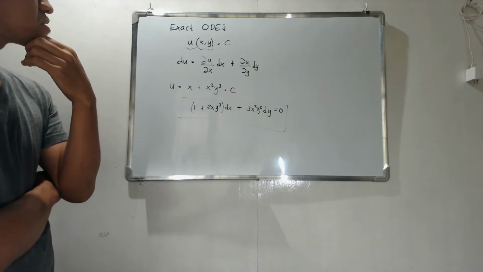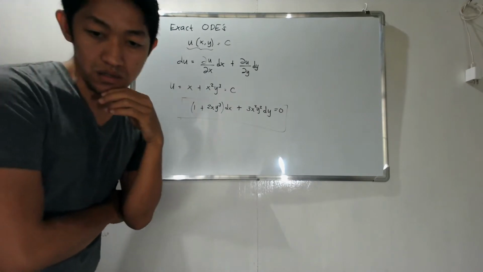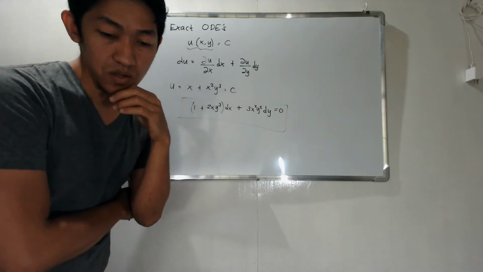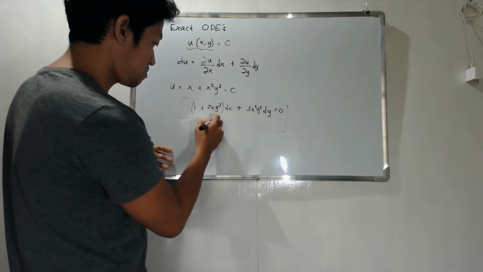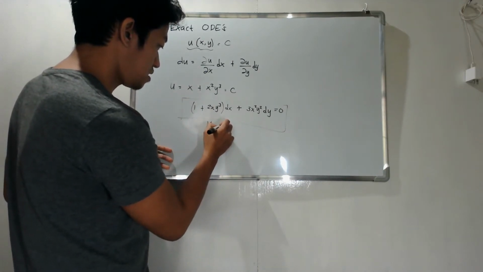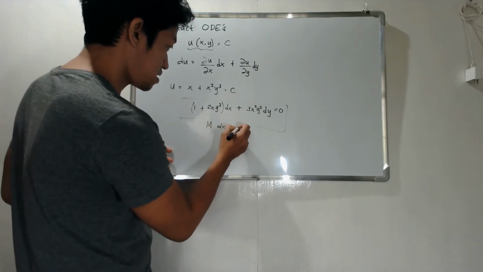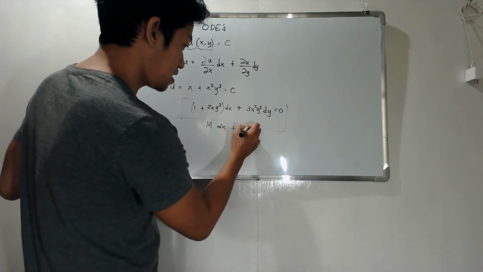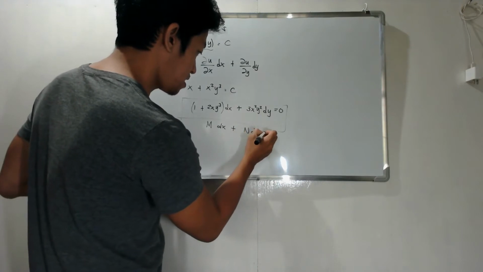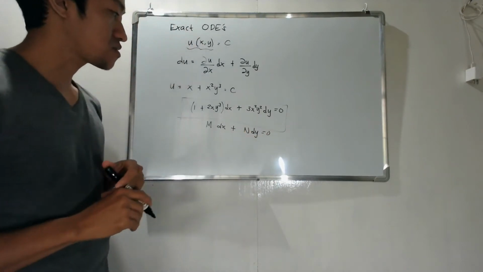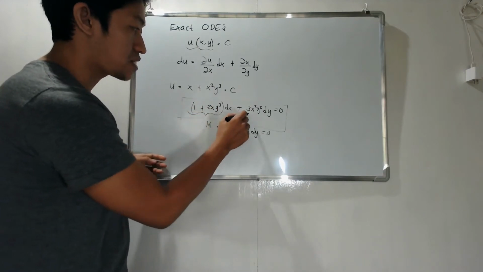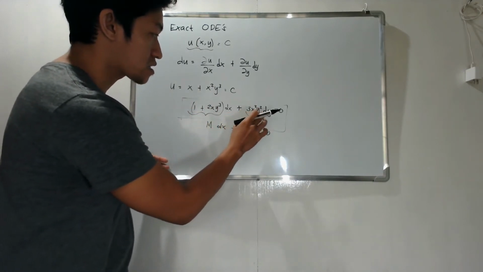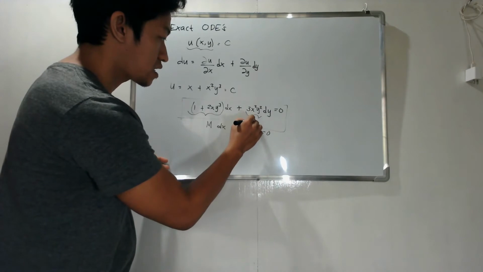Now this is of the form m dx plus n dy equal to 0. Okay, we let this whole term to be m and this term to be n.